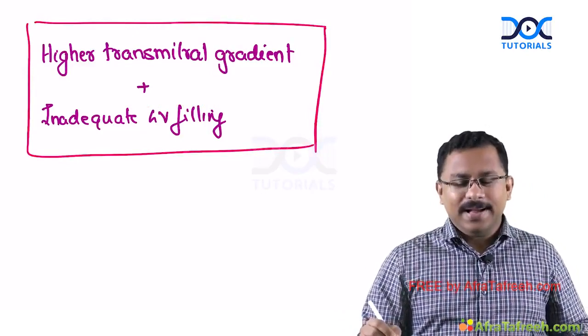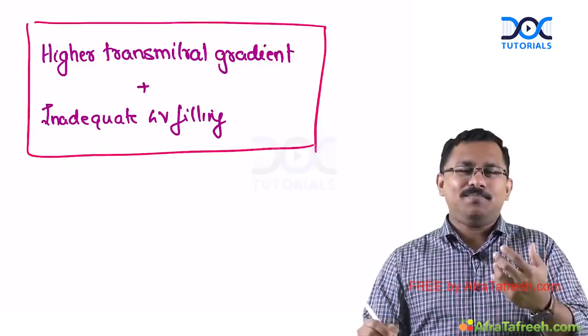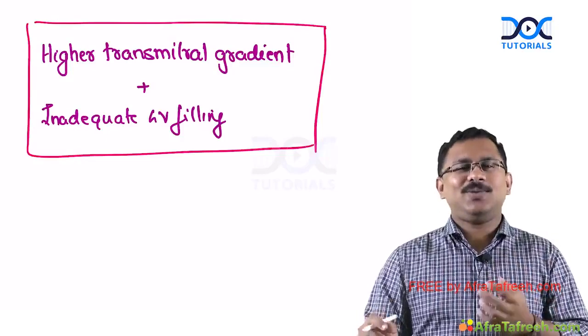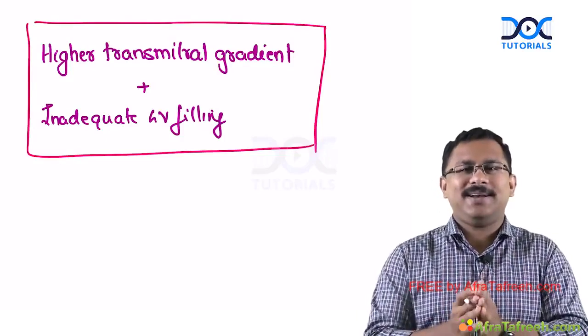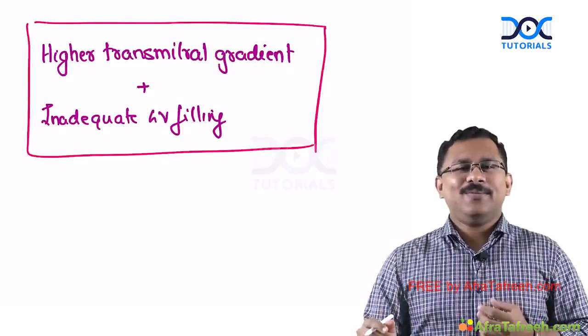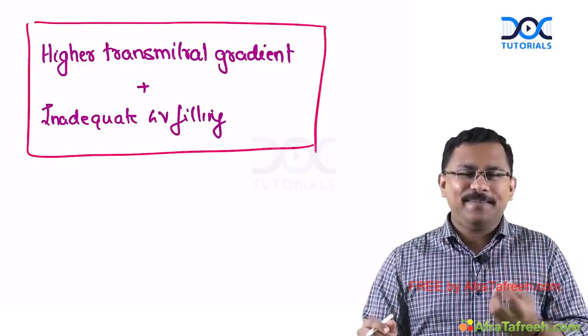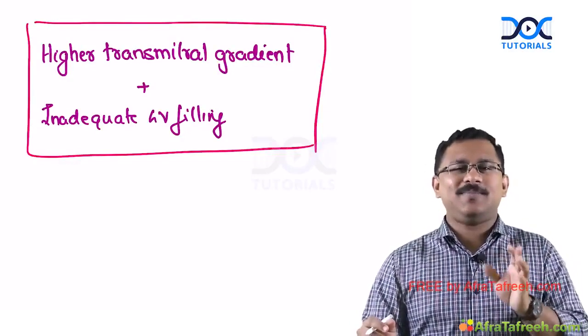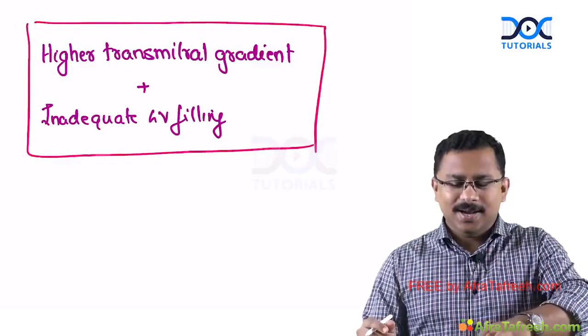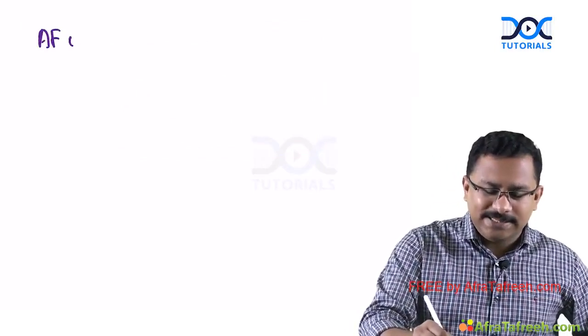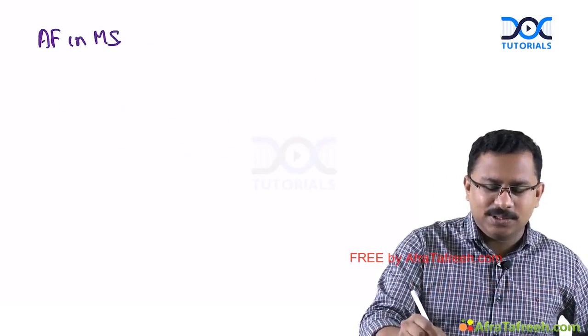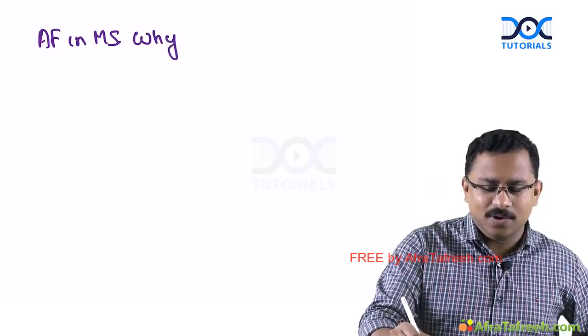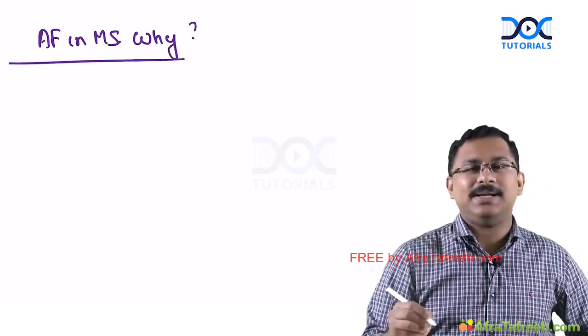One more point you have got to know with respect to the hemodynamics of mitral stenosis: you can have atrial fibrillation developing in patients with mitral stenosis as a common complication. So obviously the question is, why does AF develop in MS?